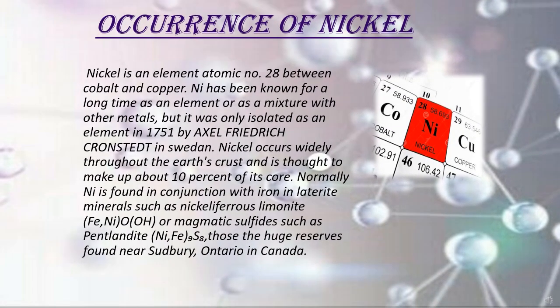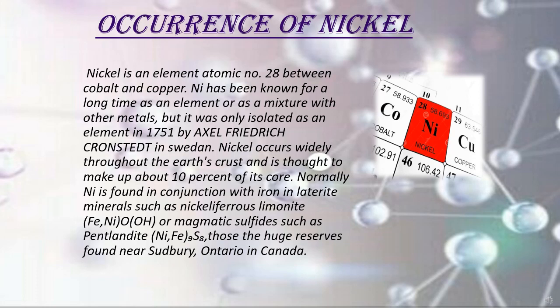Occurrence of nickel. Nickel is an element with atomic number 28, between cobalt and copper. Nickel has been known for a long time as an element or as a mixture with other metals, but it was only isolated as an element in 1751 by Axel Friedrich Cronstedt in Sweden.